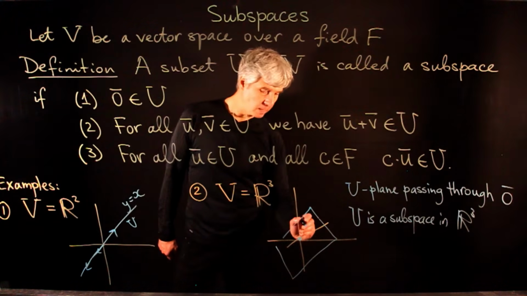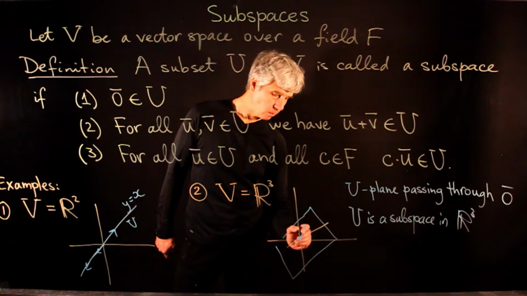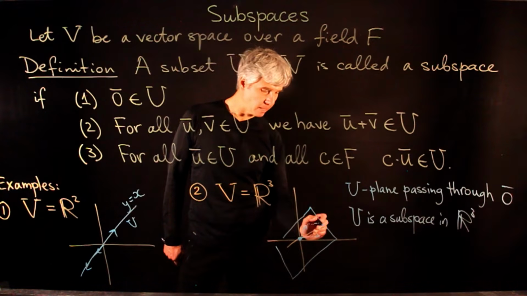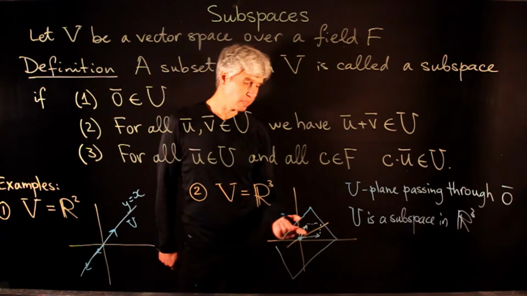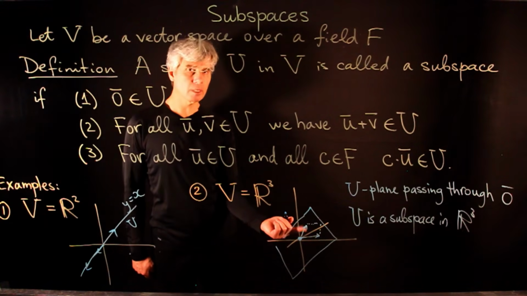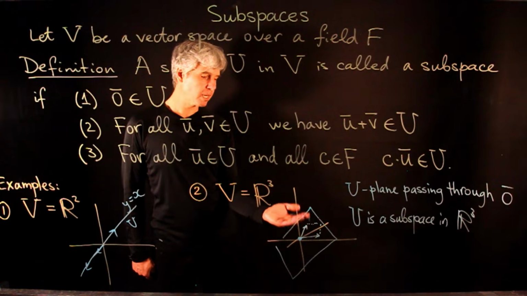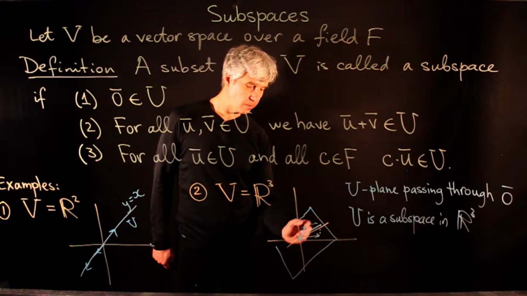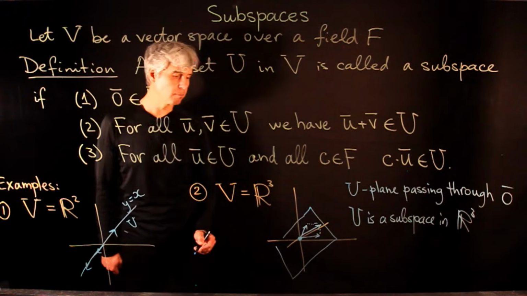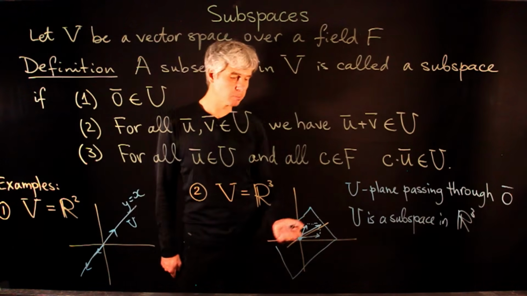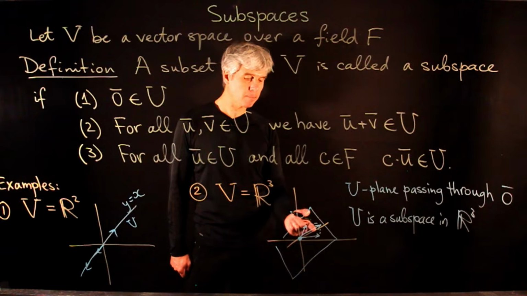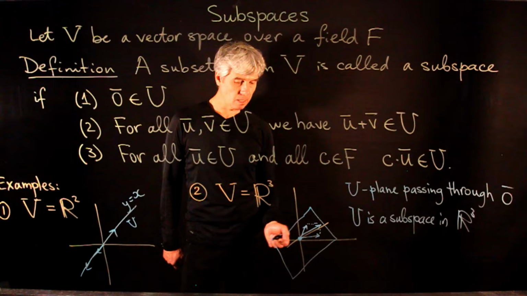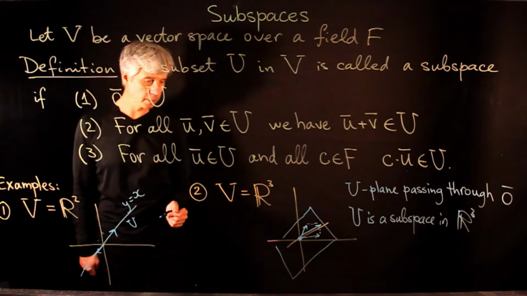So here, if we take two vectors on this plane, then their sum is defined by the parallelogram rule. But if we have two vectors inside this plane, then this parallelogram is also going to be inside this plane. And the sum of two vectors is given by the diagonal of this parallelogram. So clearly the sum is going to be inside this plane. And so property 2 will hold.